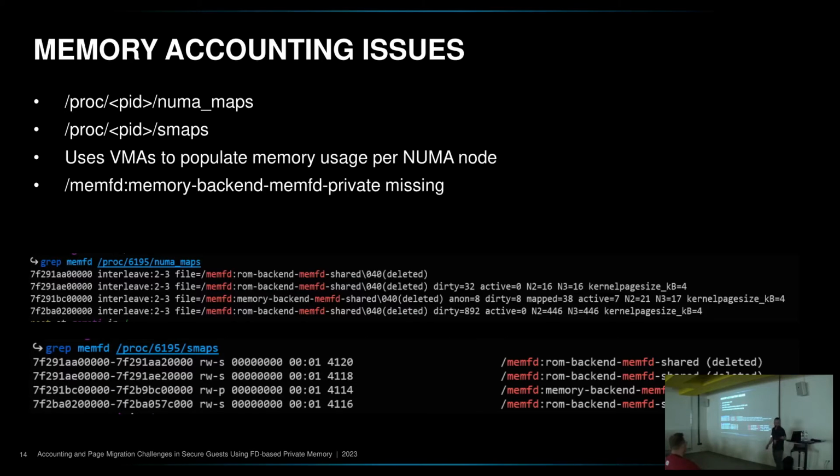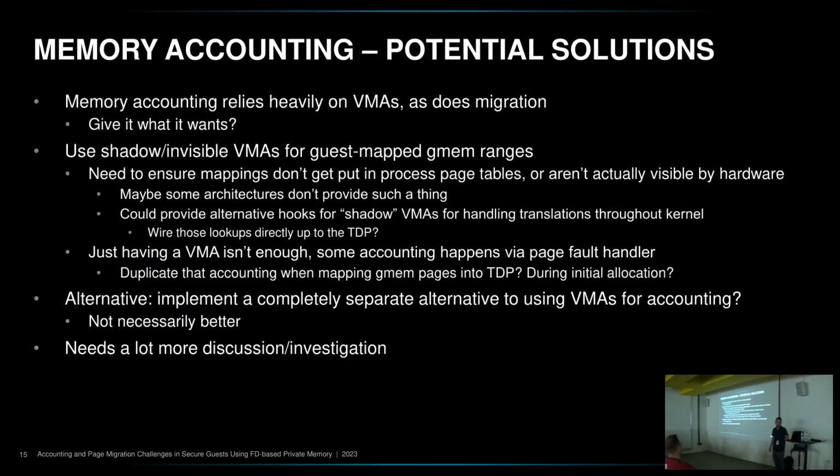The main reason is because the way these things are listed out is basically by walking that reverse map, looking at all the VMAs of that process, and then listing them out here. But because there's no VMA, we don't see that.